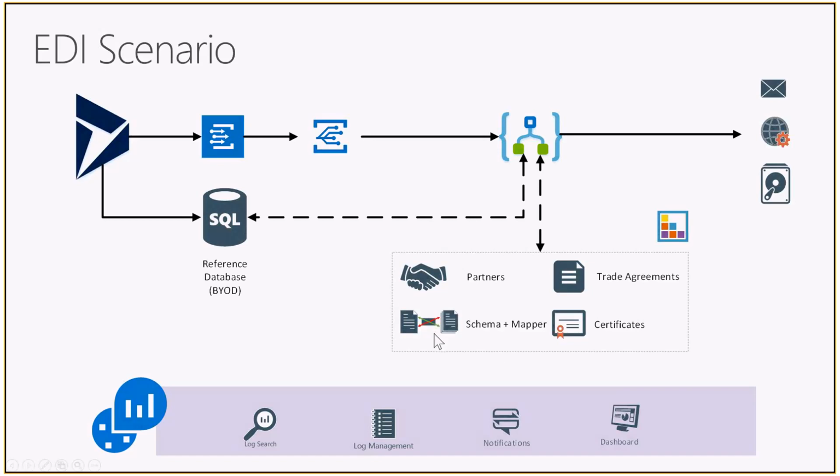There are also tools for someone to define a schema and tools to map between these two schemas. As well, there is a Key Vault integration where someone can add their certificates and use those certificates to do signing and encryption of data before sending it over.